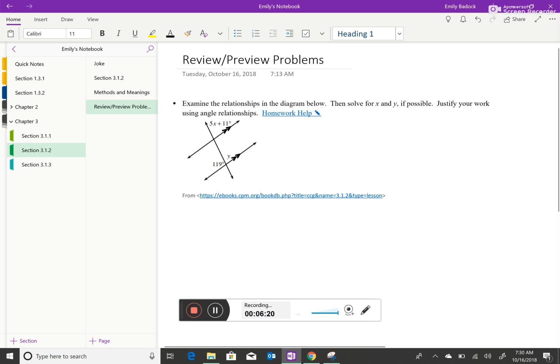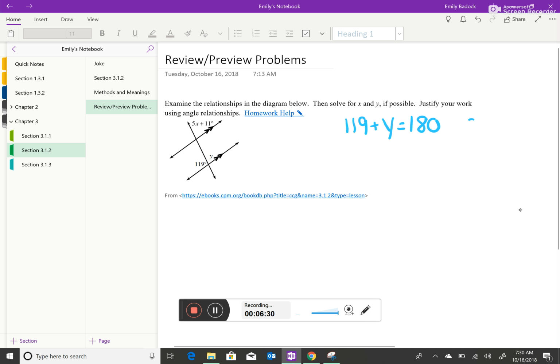So for this one, I know that I can do 119 plus y equals 180. And I can do that because supplementary angles. So to solve for y, I'm going to take 180 minus 119. I'm going to get y equals 61.